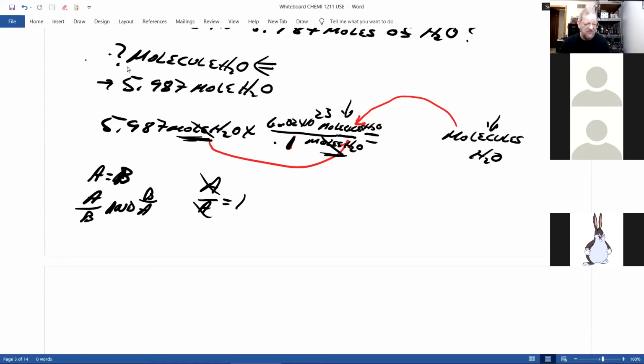It's in scientific notation. 5.987 times 6.02, blue key, double E, 23, hit enter. And my calculator gives me this number, times 10 to the 24th.